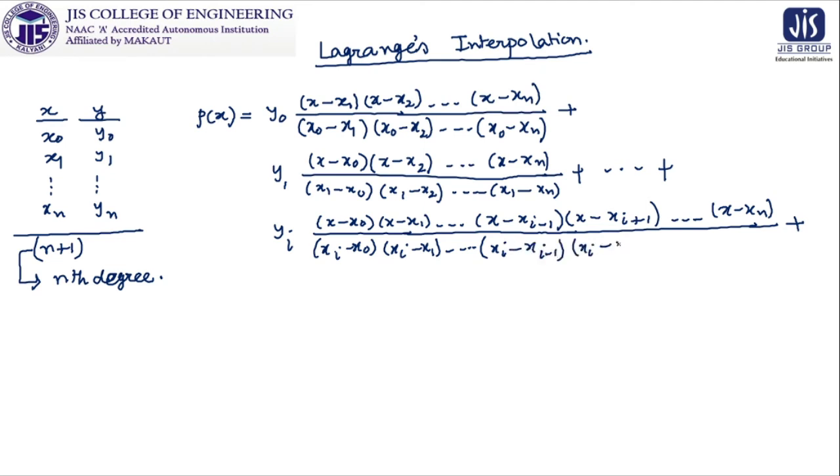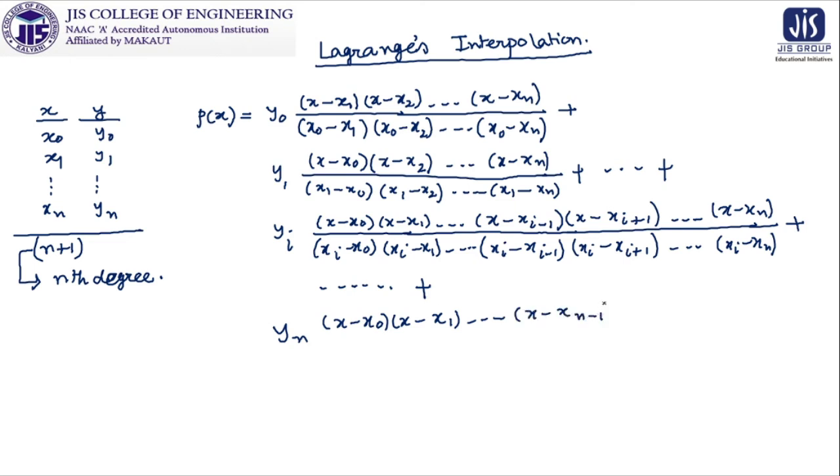Then xi minus xi plus 1, and then xi minus xn, and the last term will be yn, x minus x0, x minus x1, up to x minus xn minus 1, and in the denominator you will get xn minus x0, xn minus x1, in a similar manner up to xn minus xn minus 1, whole stop.